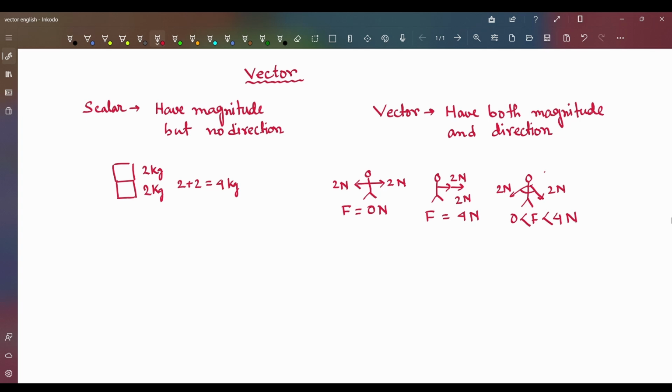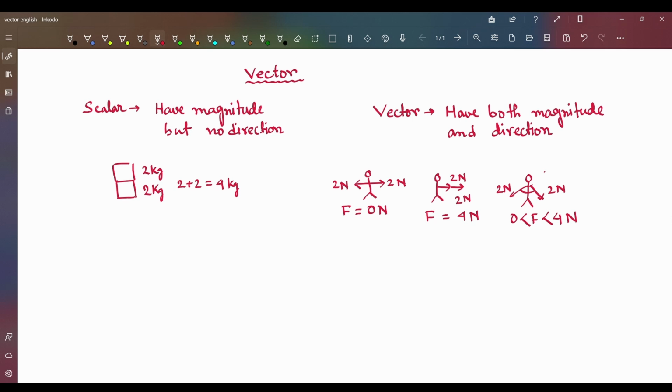So we can define scalar quantities as those quantities having magnitude but no direction, and they follow ordinary algebra. And vector quantities are those having both magnitude and direction, and they follow a special type of algebra known as vector algebra.